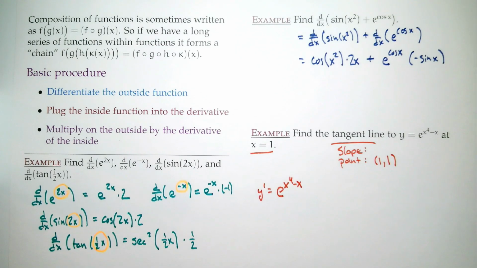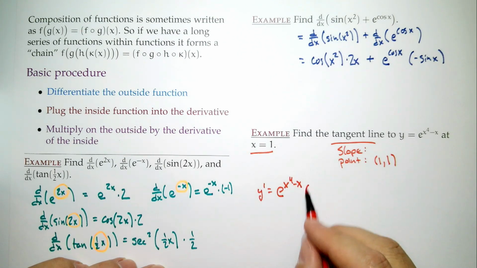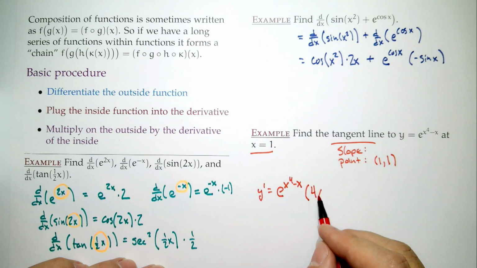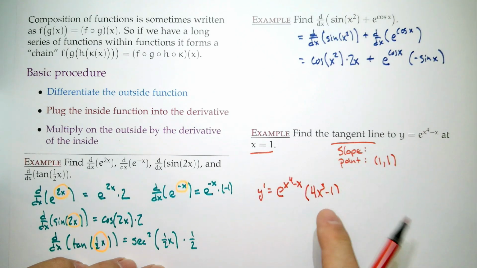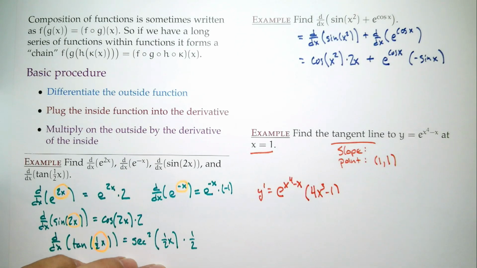Okay, are we done? No, because remember, it's not just e to the x, it's e, but something's been plugged into it. So you have to do some other stuff. Okay, what's left? Multiply by 4x cubed minus 1, that being the derivative of x to the fourth minus x, and again, parentheses help us make sure we don't lose anything.